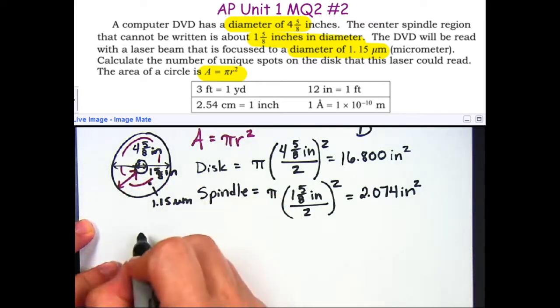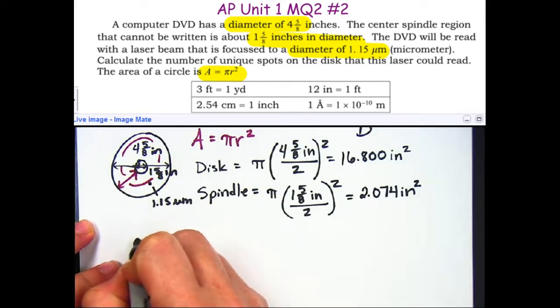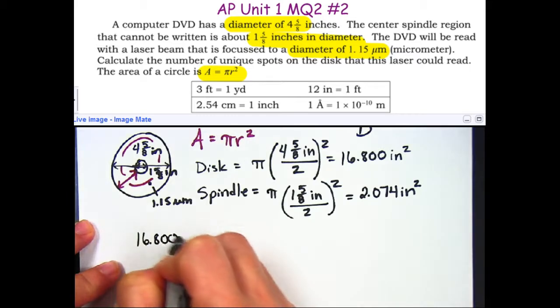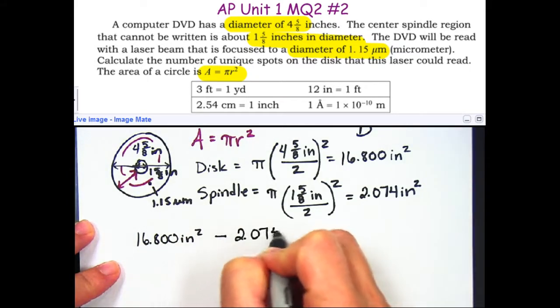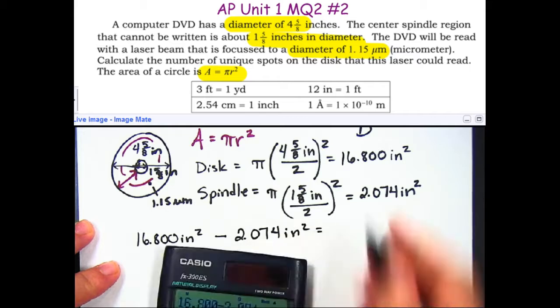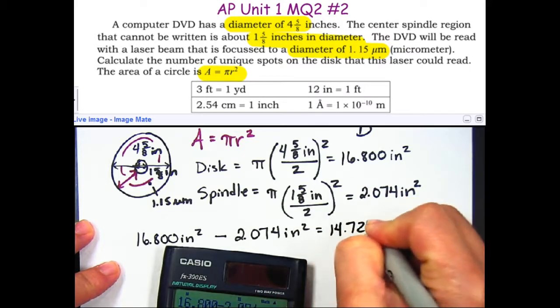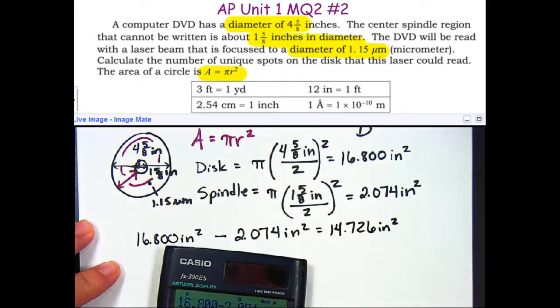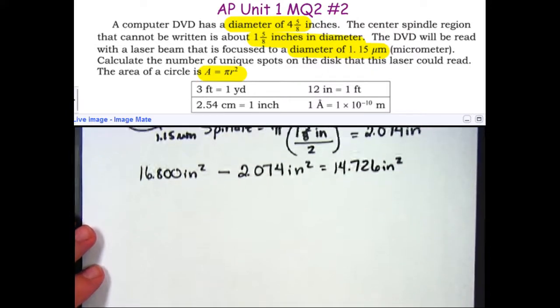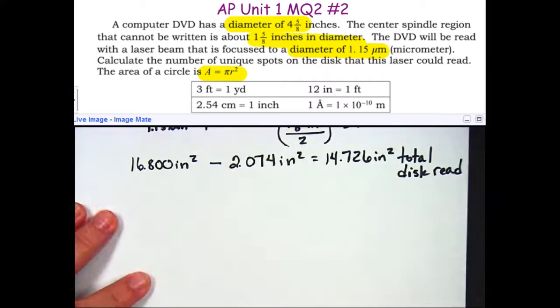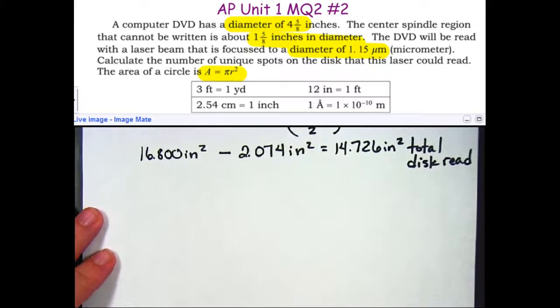So I want to take the disc area, 16.800 inches squared, and subtract the area of the spindle, 2.074 inches squared, which gives 14.726 inches squared. Okay, now I know that this is the amount of the disc that's going to be read by the laser.